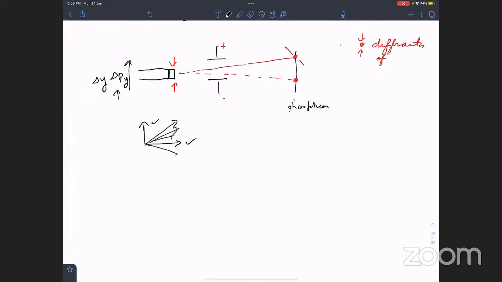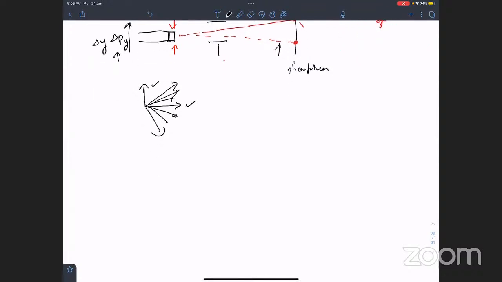It will have a range of values, right? So position-momentum uncertainty in the y direction corresponds to position uncertainty on the screen, where it will hit the screen. And the more I confine, the wider this spread.